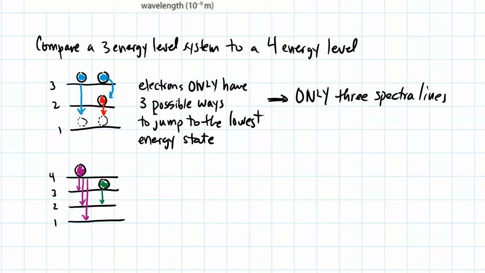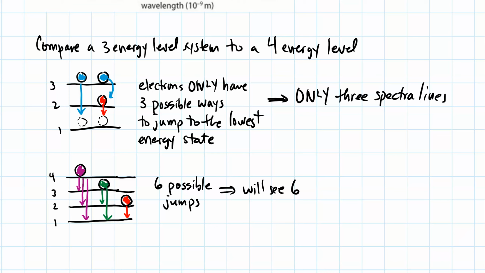It could jump from here to here, or it could jump from there to there. And if I look at the last case here, the red here, there's only one way that it could jump. So what you're seeing here is that this structure says that I can jump 1, 2, 3, 4, 5, 6. So here, there are 6 possible jumps. You will see 6 spectral lines.